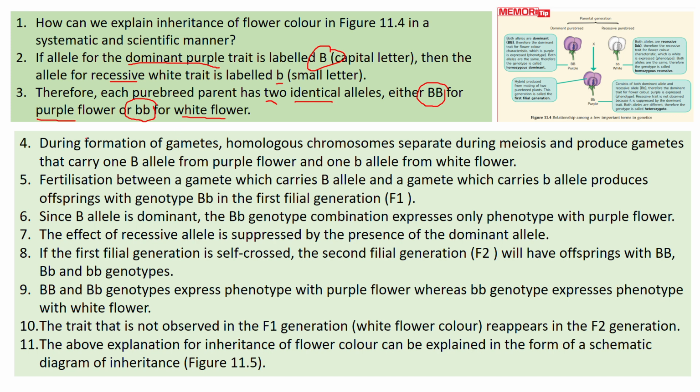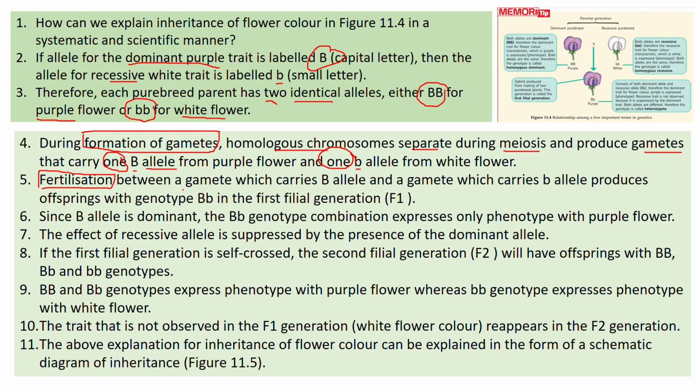Okay, during formation of gametes, that means meiosis, homologous chromosomes separate during meiosis and produce gametes that carry one allele. Take note, one capital letter B allele from purple flower and one small letter b allele from white flower.